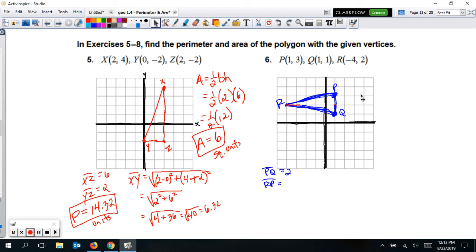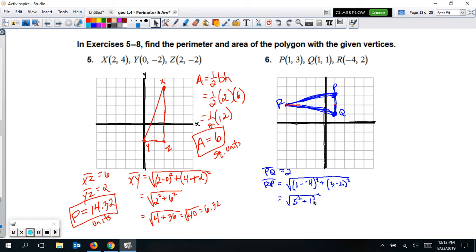So to subtract these ones, we're going to start with subtracting 1 minus -4. I'm going to do P and R. So 1 minus the -4, that'll be a double negative there. And then 3 minus 2 for the y's. And so in this one, double negative, it's going to turn to a 5 squared, and then 3 minus 2 is 1 squared.